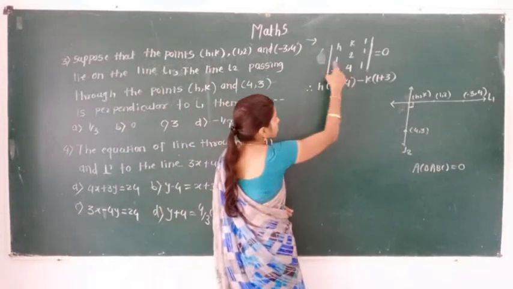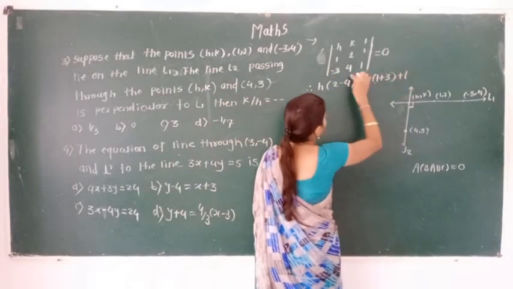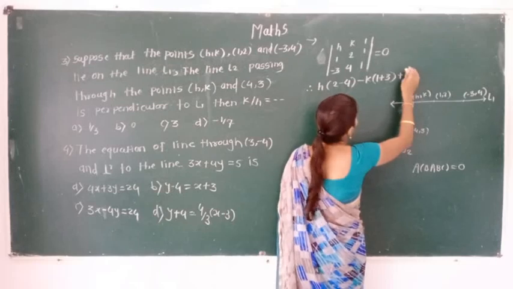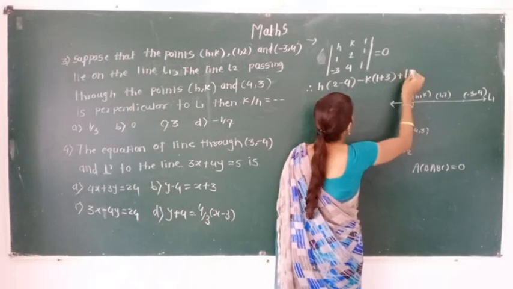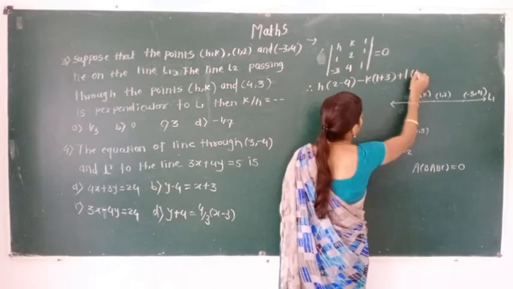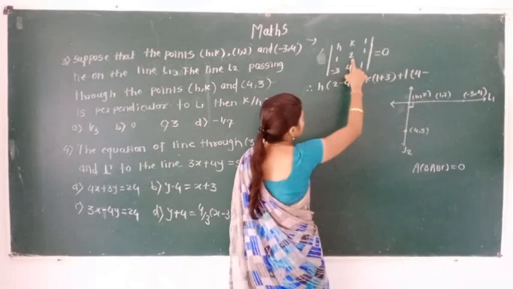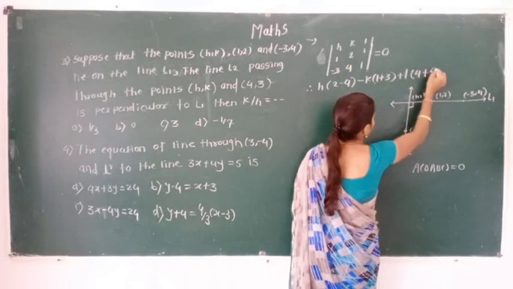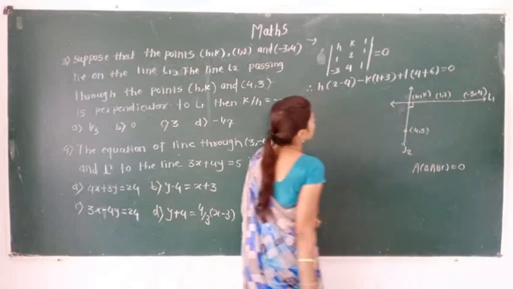Now plus 1 in bracket 4 minus minus, which is plus 3, that is 6, is equal to 0.